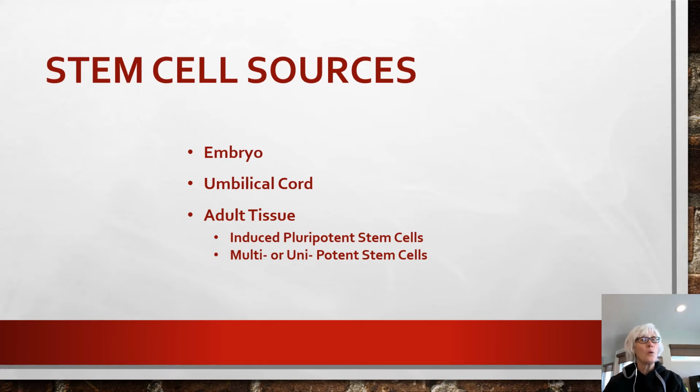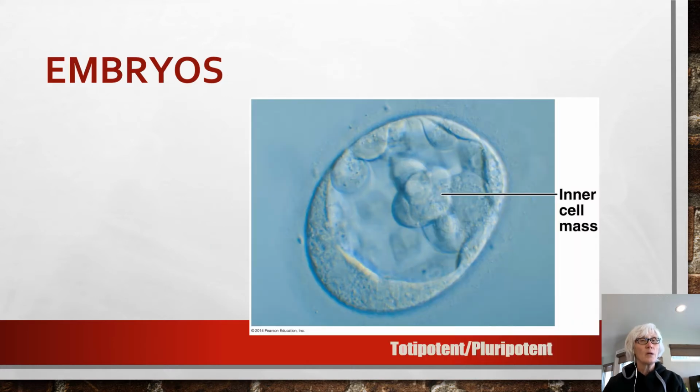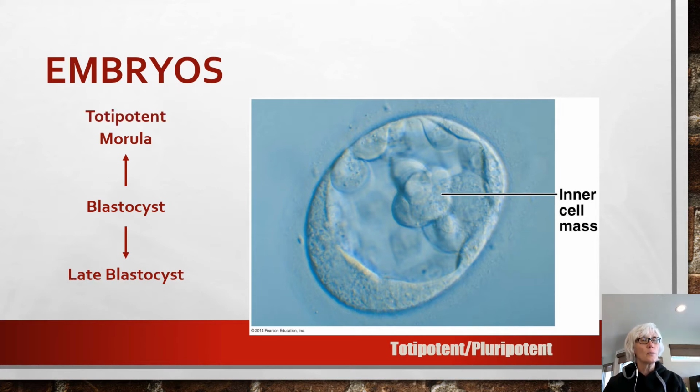We can acquire stem cells from a number of different sources, from the embryo, from the umbilical cord, or from adult tissue, although cells acquired from adult tissue have limited capacity or they must be treated in specialized ways. In the embryo, if we have any cells derived from something before the blastocyst, specifically the morula, those cells are totipotent.